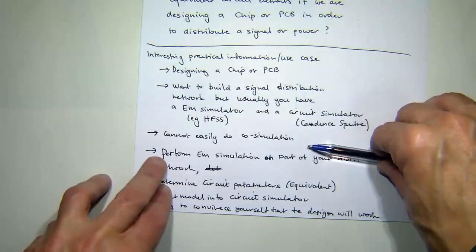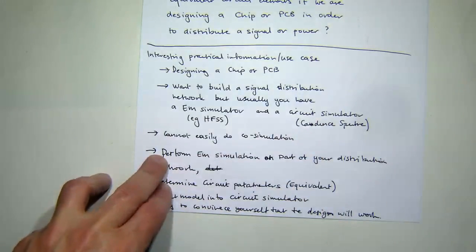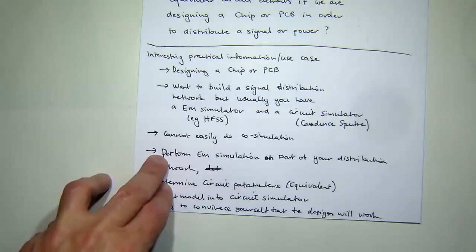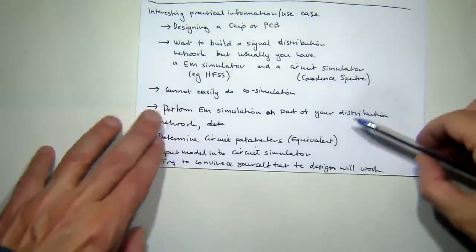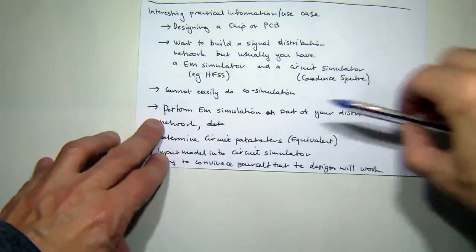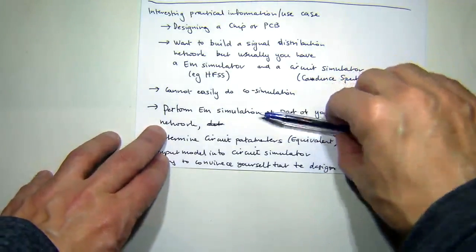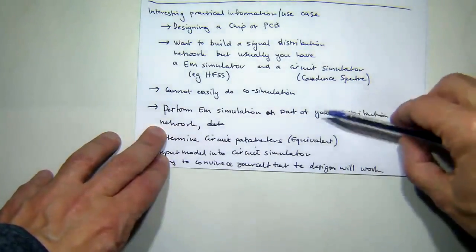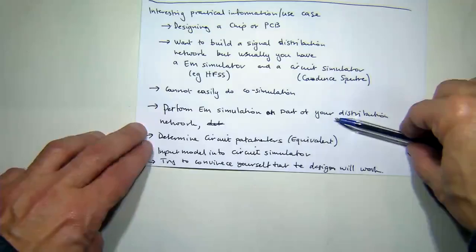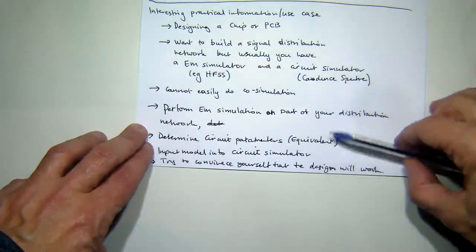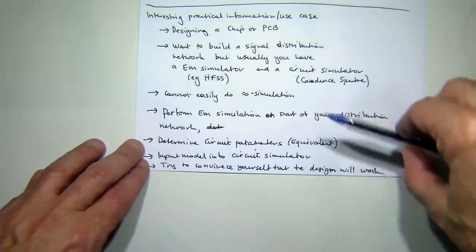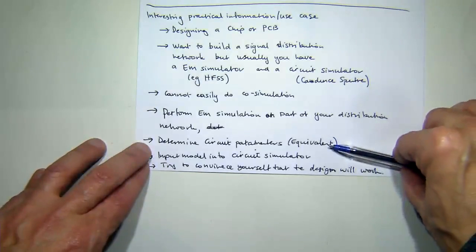Usually you needed to go through the process we've just described: I connect these things up, even if it's on a chip or on a PCB board, and work out the equivalent circuit parameters for this electromagnetic or complex waveguide structure that transfers energy between these two components.